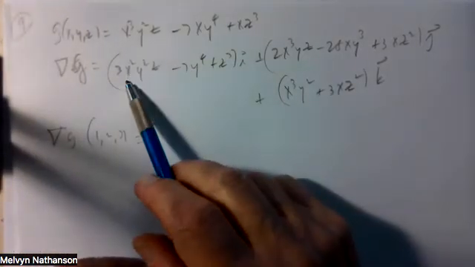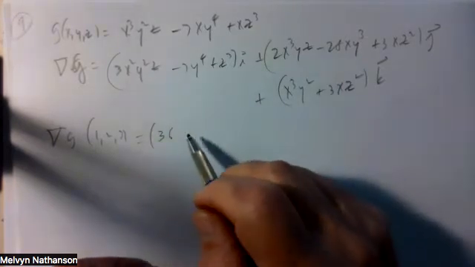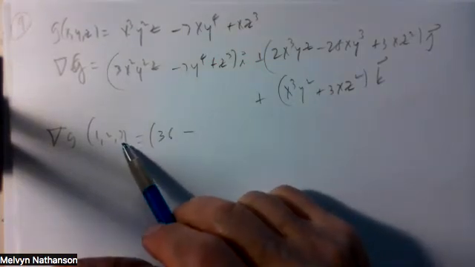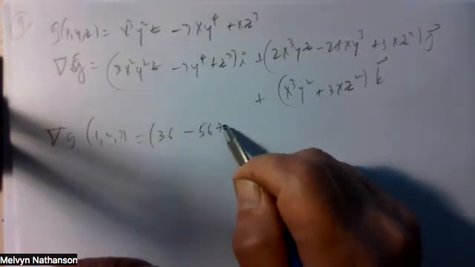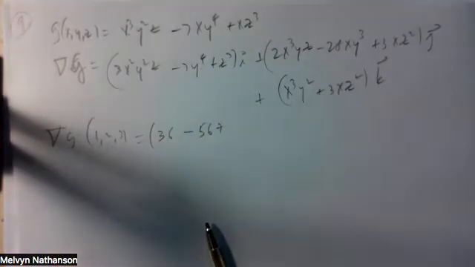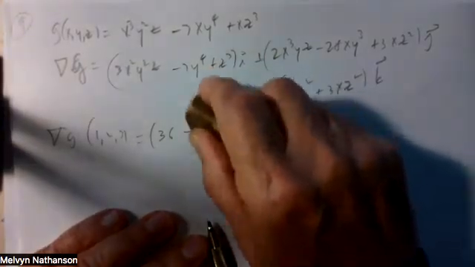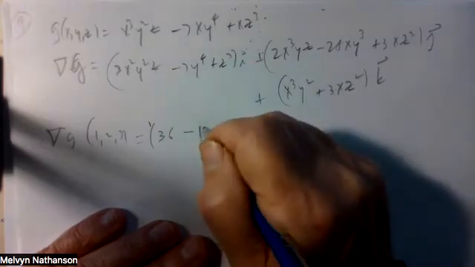So when x is 1, y is 2, that is 4 times 3 is 12. This is 36 minus 7 times y to the fourth. y to the fourth is 81. 81 times 7 is 567 plus z cubed. y is 2, so y to the fourth is 16. And 16 times 7 is 112.